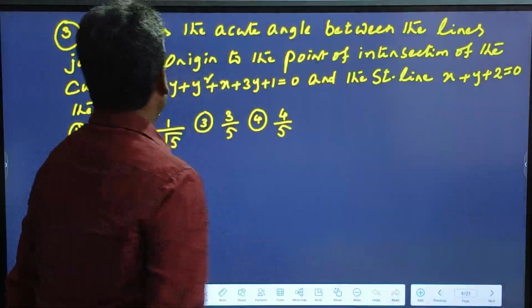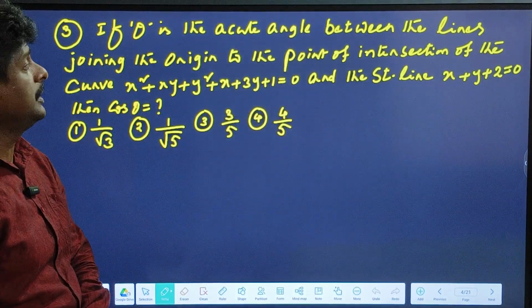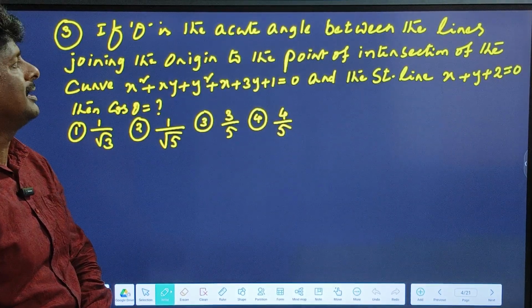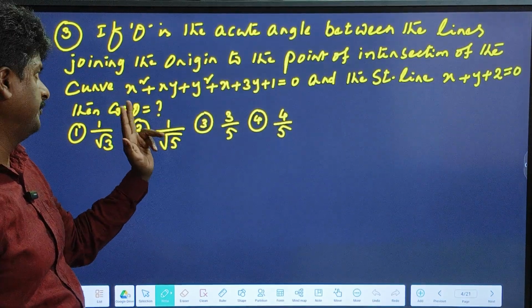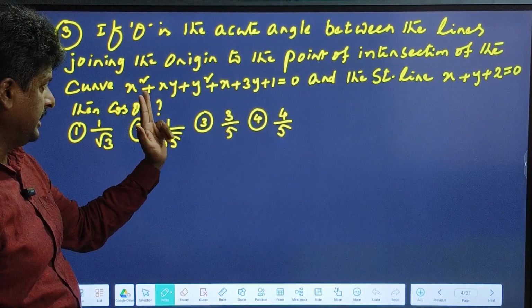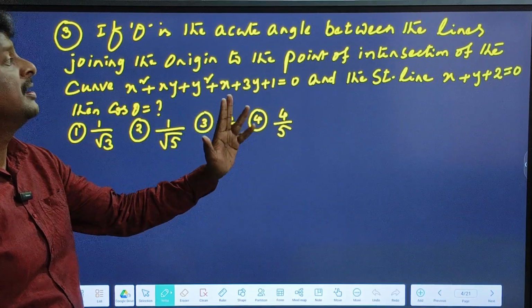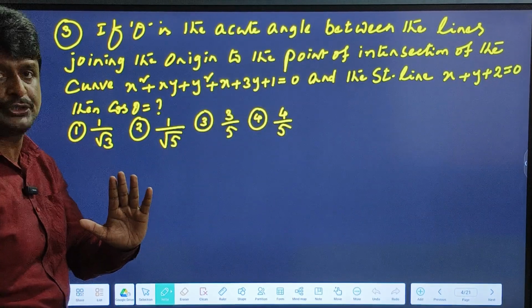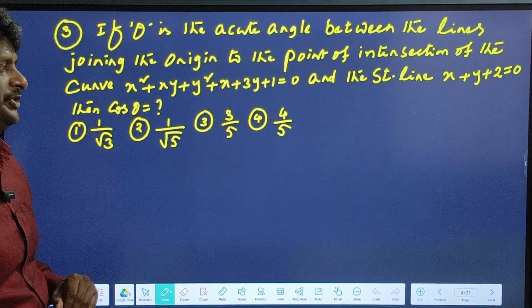Okay. Question number 3. If theta is the acute angle between the lines joining the origin and the points of intersection of the curve x square plus xy plus y square plus x plus 3y plus 1 is equal to 0 and the straight line x plus y plus 2 is equal to 0, then cos theta is equal to how much?